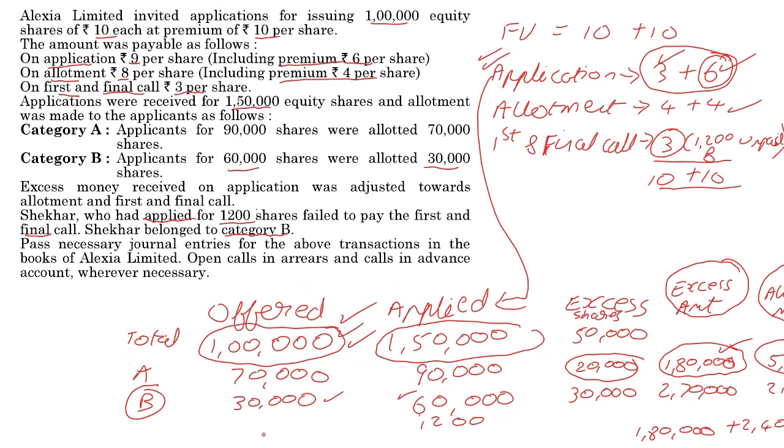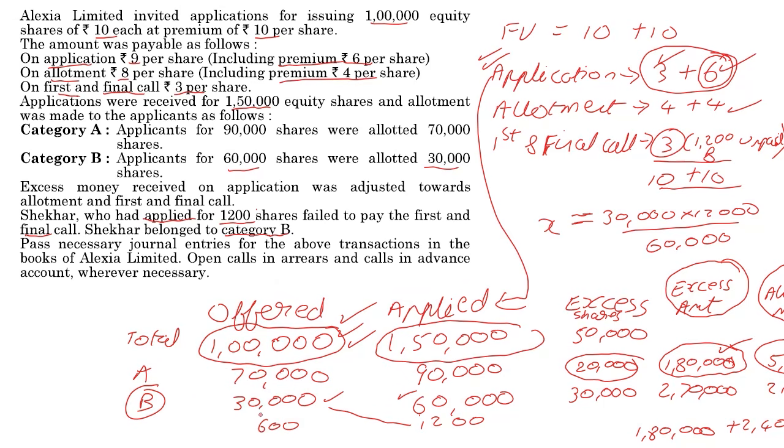X is equal to 30,000 into 1,200 divided by 60,000. You can do this calculation. But I can simply make out 60's half is 30, 1,200's half is 600.